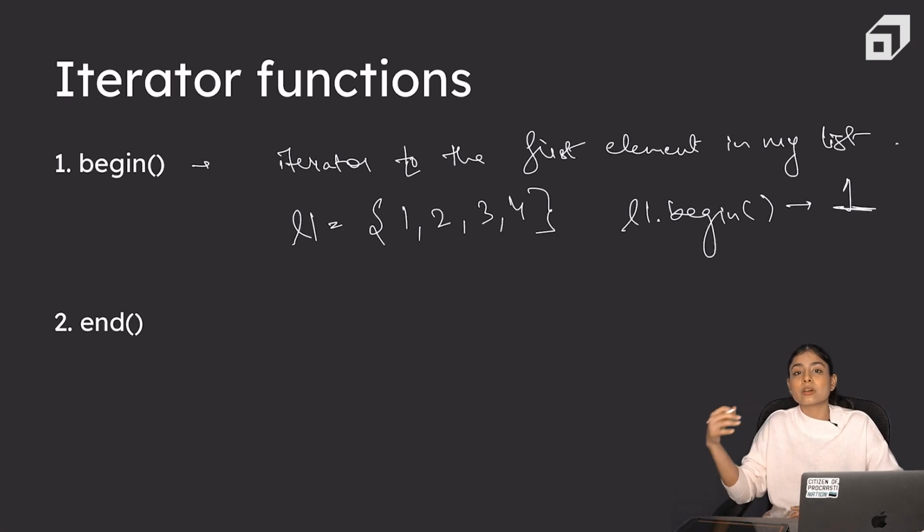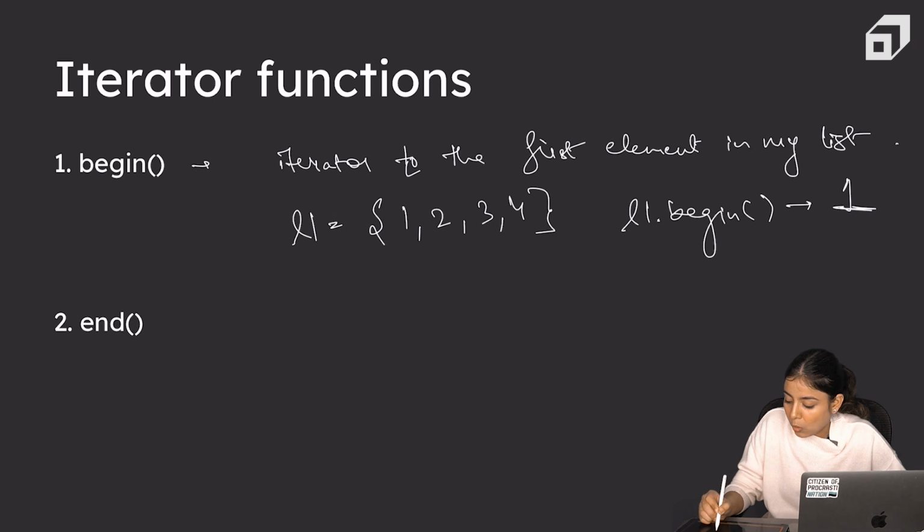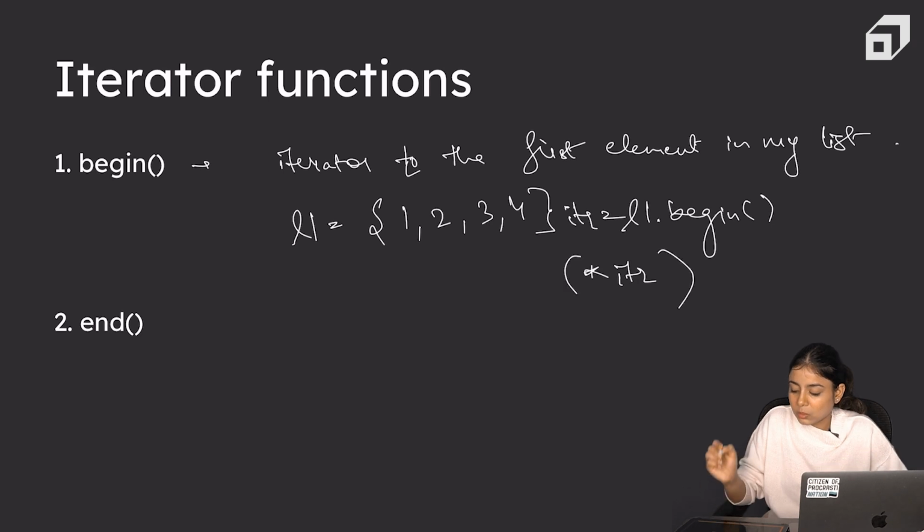Okay, it will not return me 1 but an iterator to 1. So to access it or to print its value, I'll do star iterator. If I am writing iterator is equal to L1 dot begin, then to print the value of iterator, I will print star iterator to access the value that this is referring to.